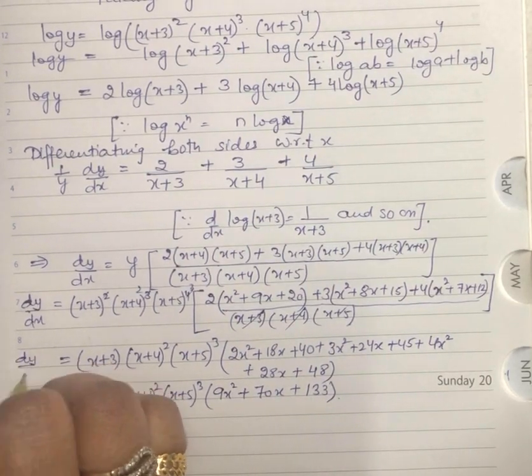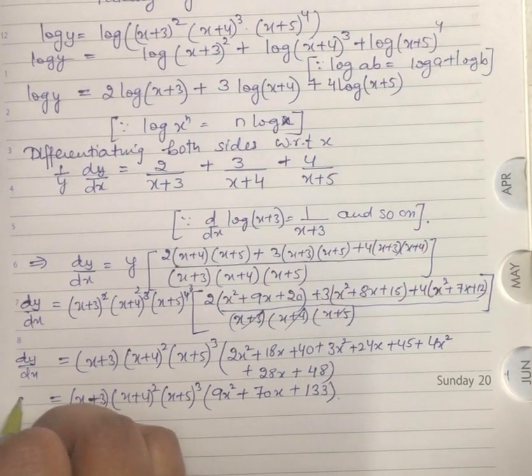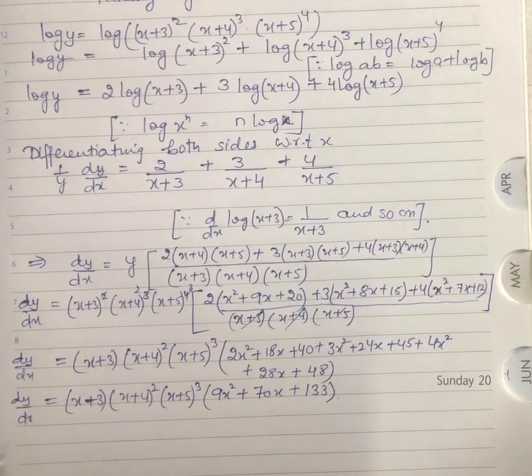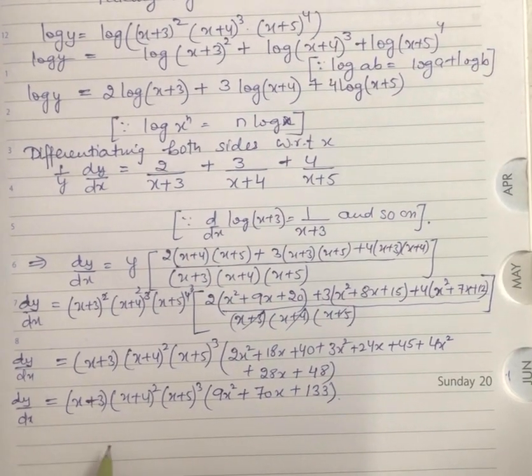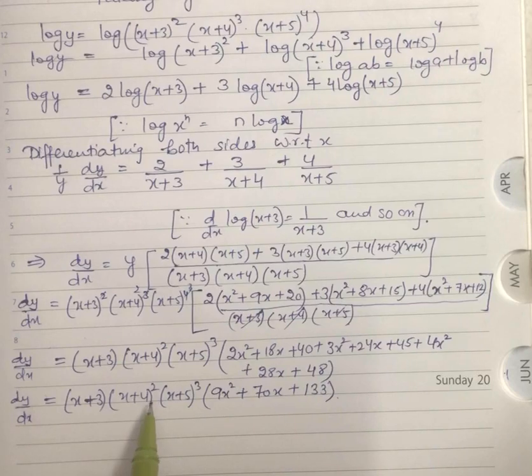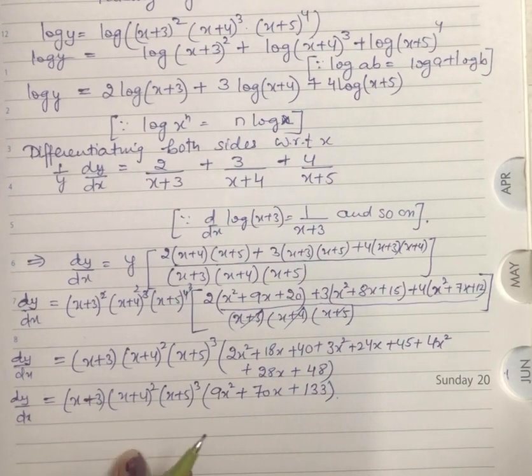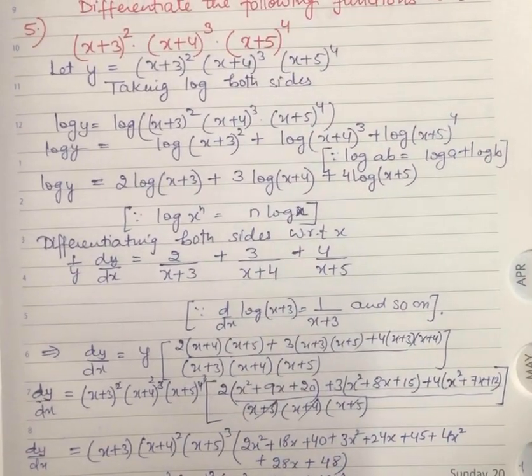So this is the required differentiation. dy by dx is equal to (x plus 3)(x plus 4) whole square (x plus 5) whole cube into (9x square plus 70x plus 133). So this completes question number 5.